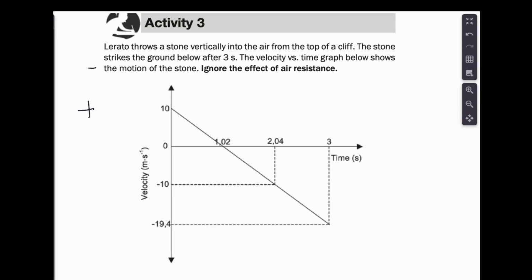The height above the cliff, sorry. Okay, so if you look at this, the stone left Lerato's hand at a velocity of 10, right? When it reached a velocity of 0, it reached that velocity in 1.02 seconds.